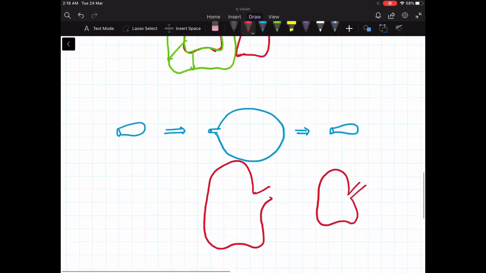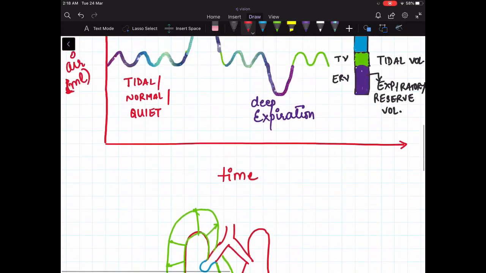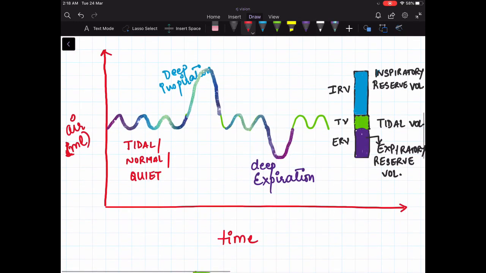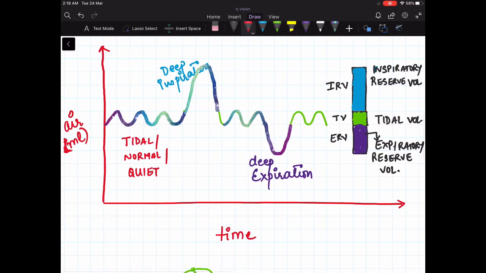That means even when all of the air that you could possibly have expelled, you have expelled, that is, once you have done deep expiration, yet there would be some air that you can see here. There would be some air that is still left in the lung. That is not expired at all.